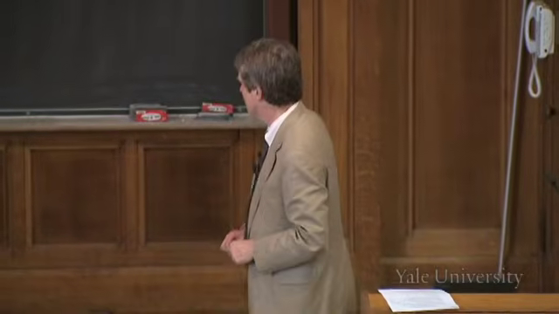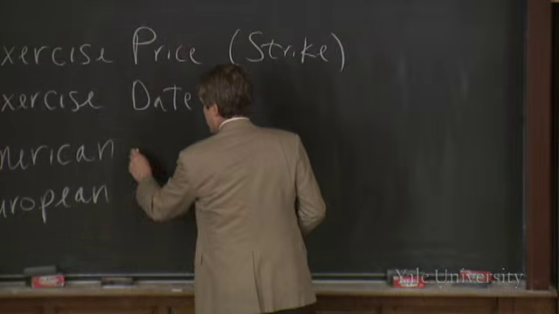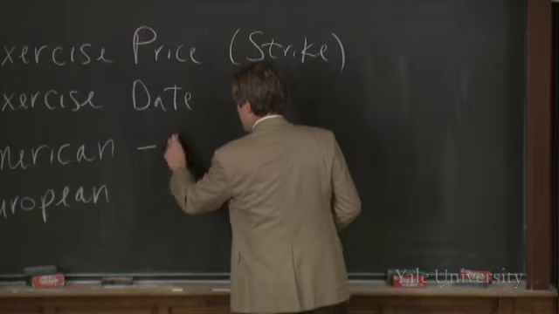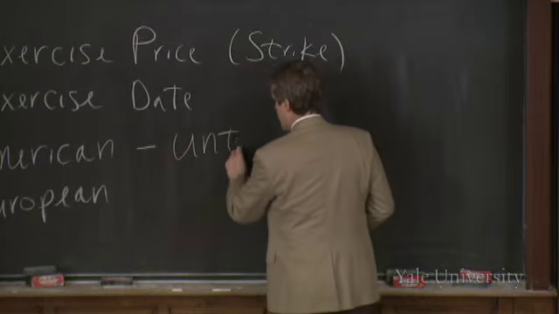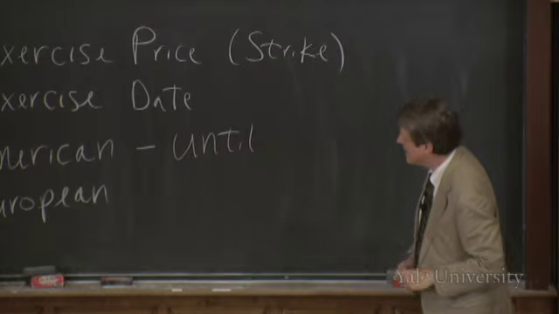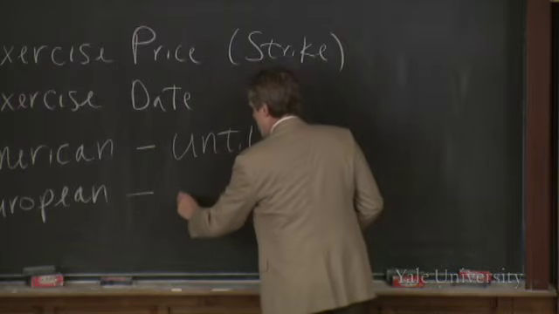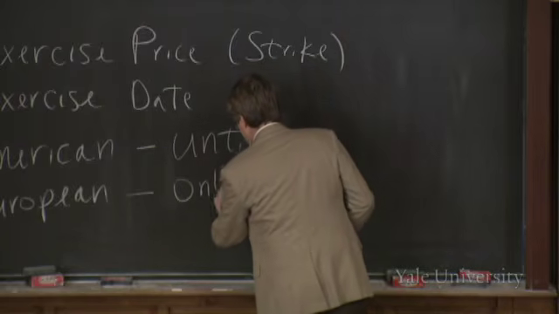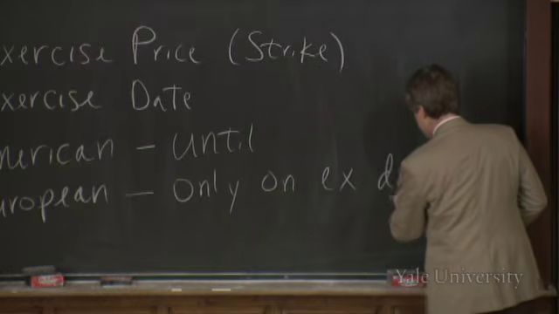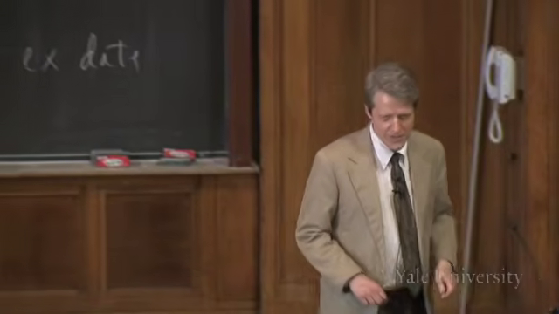So it's very unfortunate terminology. What this means, an American option, means the right to exercise the option on any date until and including the exercise date. And with European, it's only on exercise date.